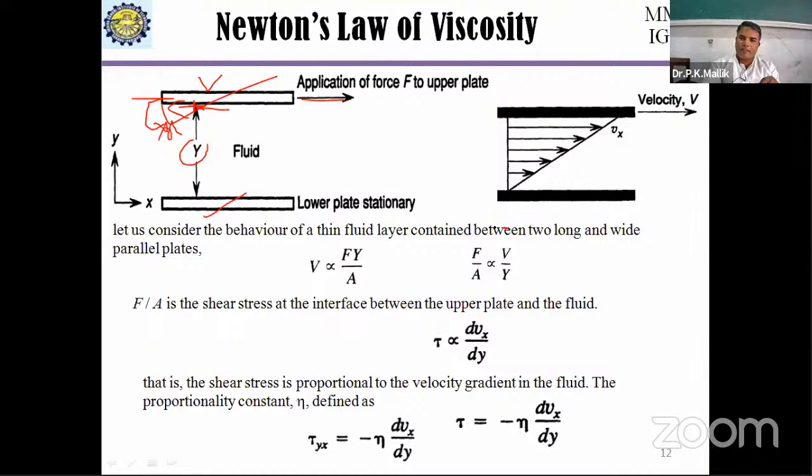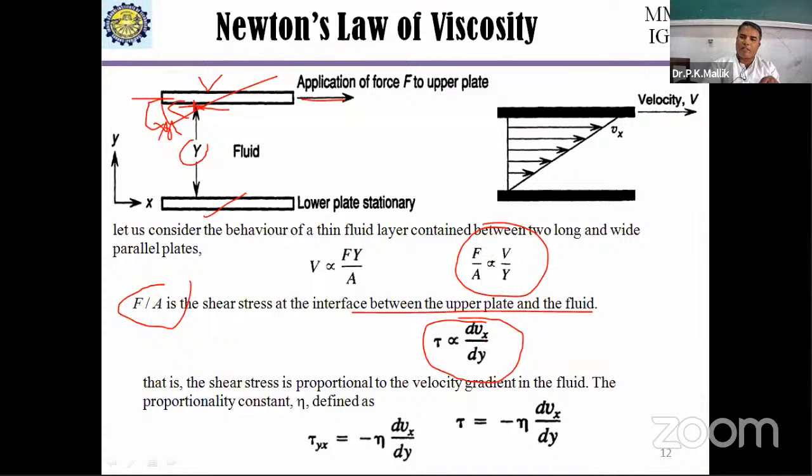You can rearrange it so that F by A is proportional to V by Y. F by A is the shear stress at the interface between the upper plate and the fluid, so the shear stress tau is proportional to del Vx by del y.